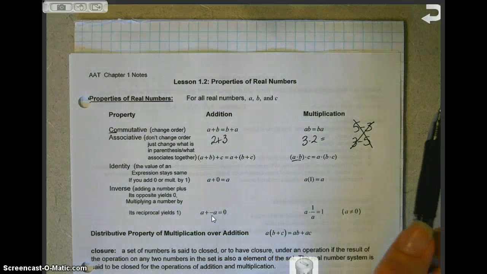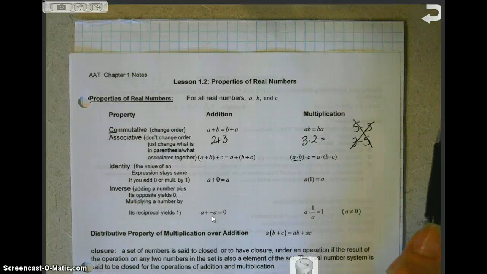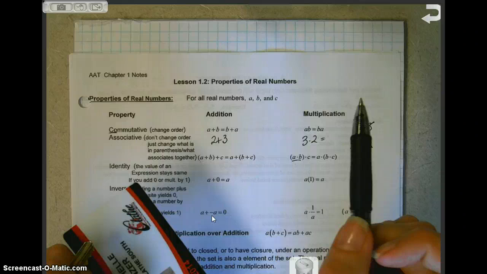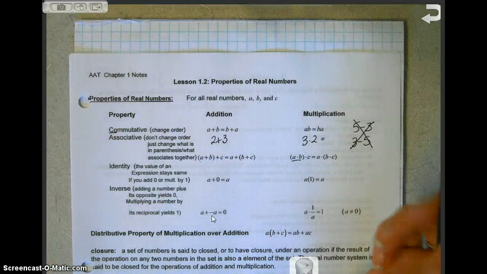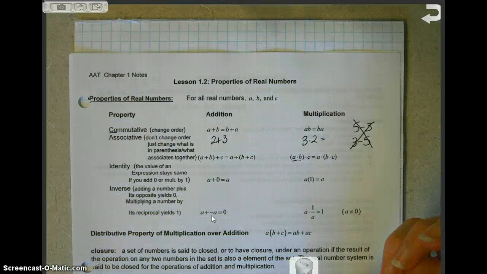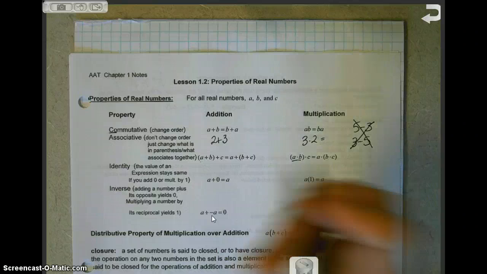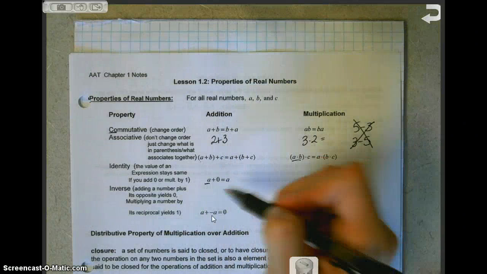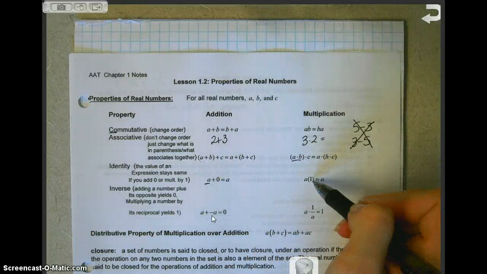Identity. If you think about your identity, we all have our ID cards. Whether you change your hair color or you wear a different shirt, you still have the same identity. Numbers begin as themselves, and whether you add 0 or multiply by 1, they retain their same identity as well.